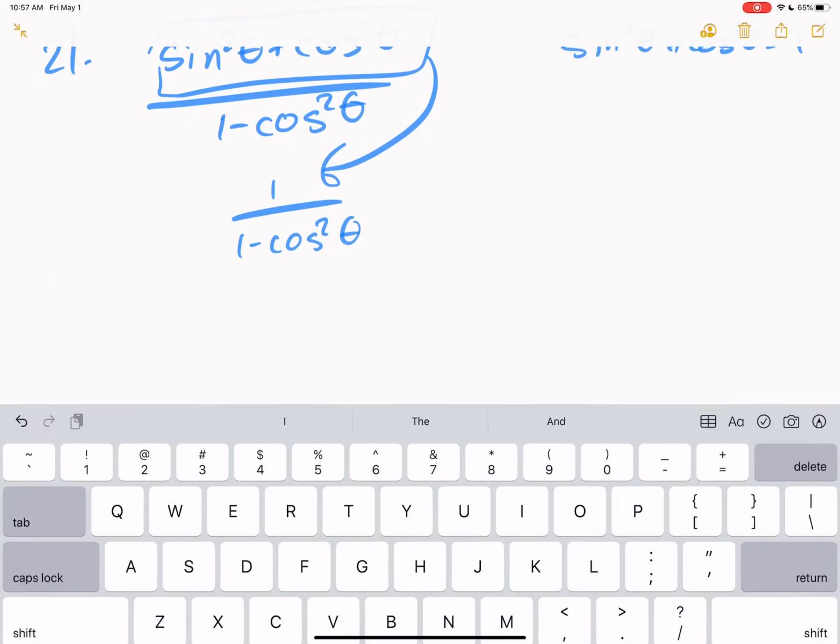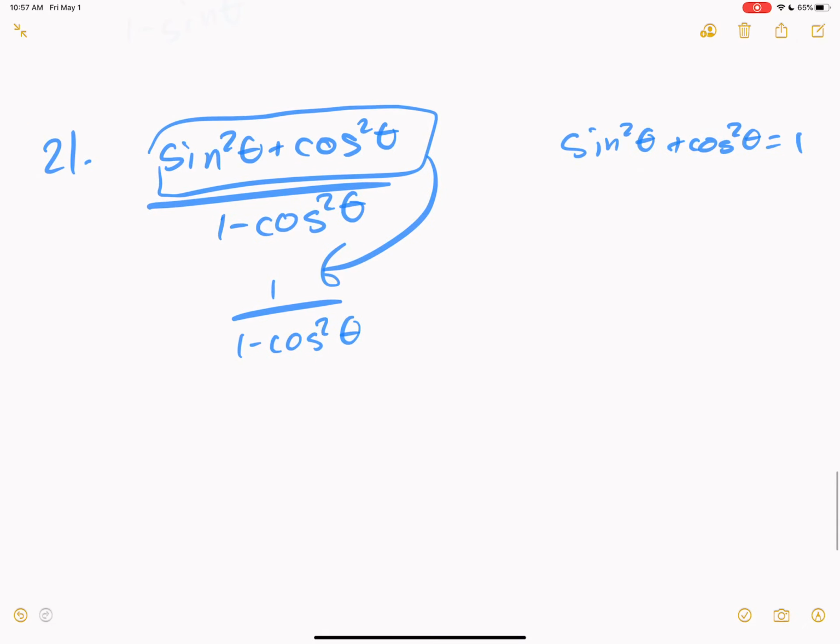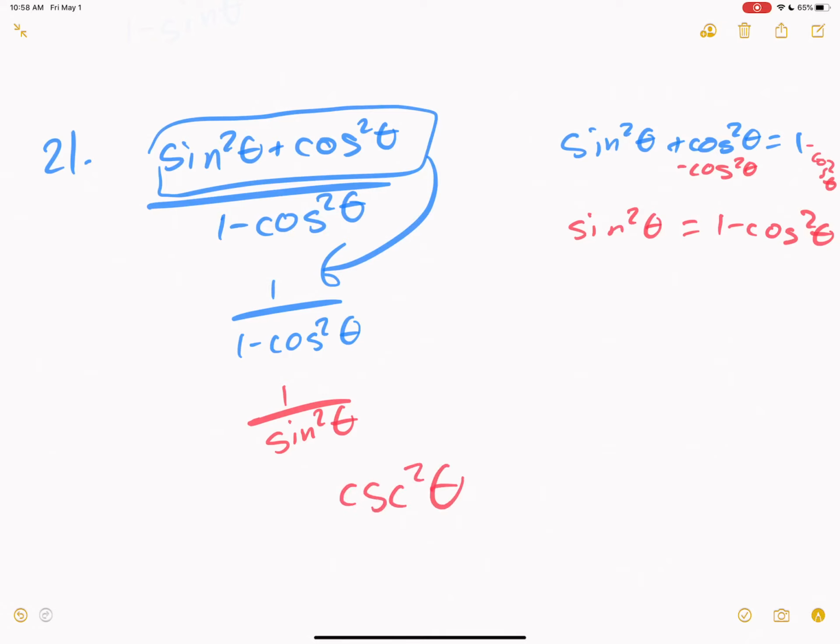So I want a 1 and a minus cosine squared theta. I'm going to subtract cosine squared theta. So I get sine squared theta is equal to 1 minus cosine squared theta. And that's kind of what the bottom would be. The bottom is 1 over sine squared theta. 1 over sine squared theta is really cosecant squared theta, and that's it. Because 1 over sine is cosecant. If they're squared, then they're squared. Okay?